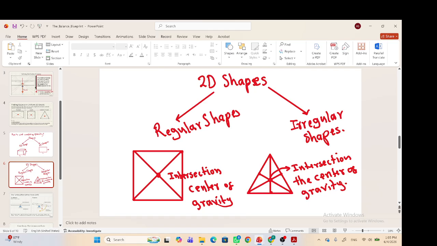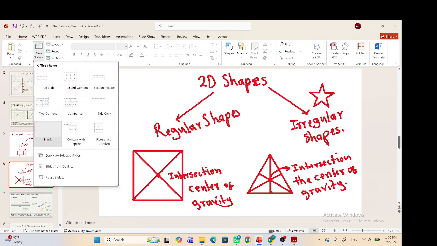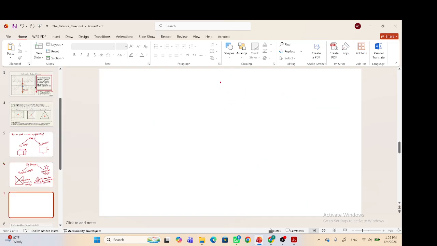Okay, so here is another question. What if we have an irregular shape like this one? What is your suggestion? How can we find the center of gravity of an irregular shape? Do you have any suggestion? Let me write it here, irregular shapes.